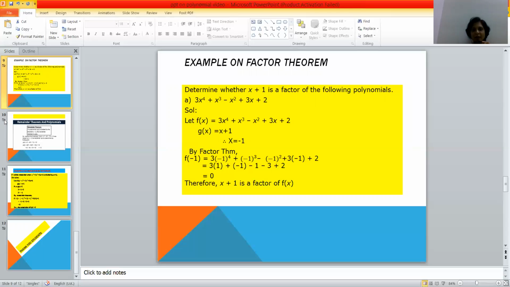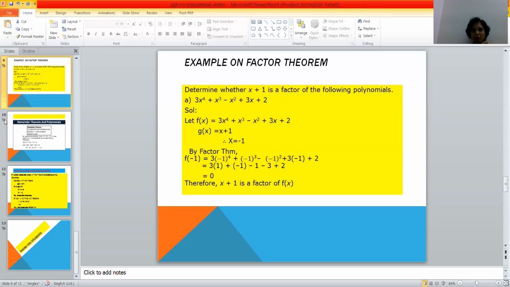So, by the factor theorem, wherever x is there, substitute x by minus 1. So, f of minus 1 gives 3 times minus 1 raised to 4 plus minus 1 raised to 3 minus minus 1 raised to 2 plus 3 times minus 1 plus 2.